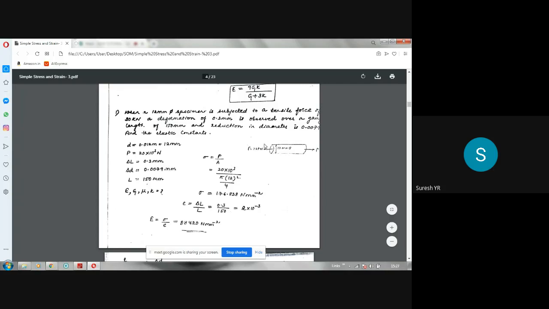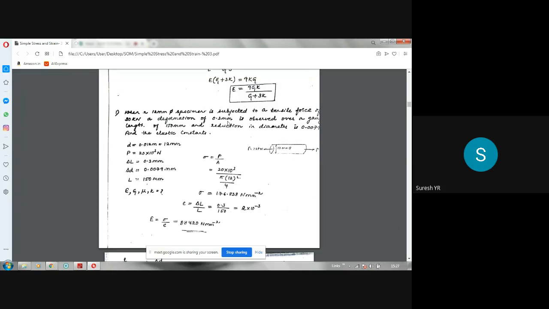The 20 kilonewton force is applied at both ends, so it is a tension force. When it is applied, we can see a deformation of 0.3 mm. This deformation is elongation, because it is a tension force, so the rod will elongate by 0.3 mm. It is observed over a gauge length of 150 mm, that means the length of the specimen is 150 mm. So L is 150 mm.